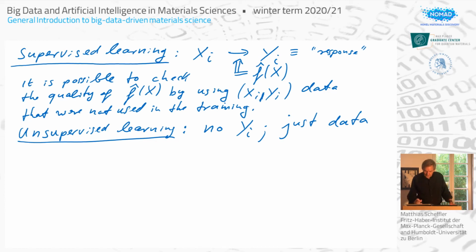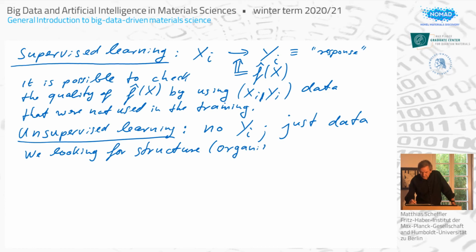That means we are looking for structure in data. That is similar to before. Again, structure means organization. Is there some underlying organization, which one can see, is there some clustering and so on of data?